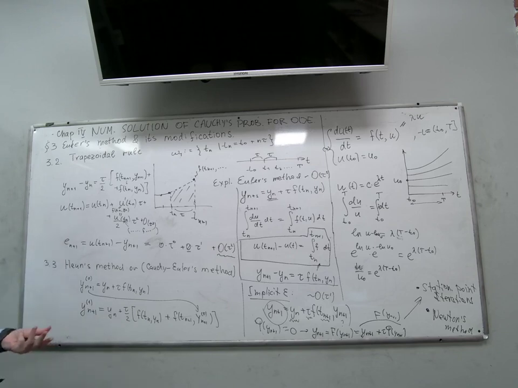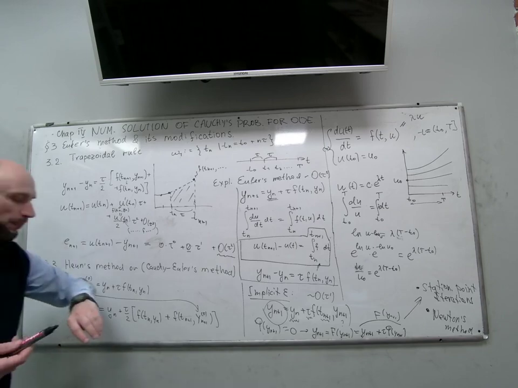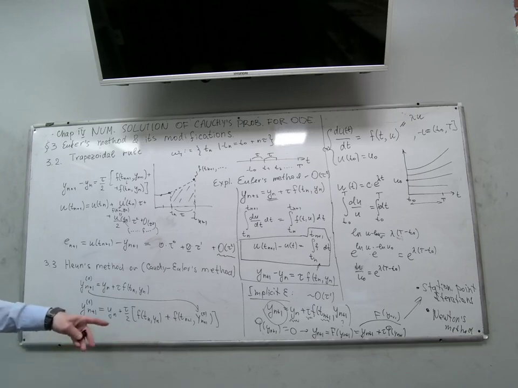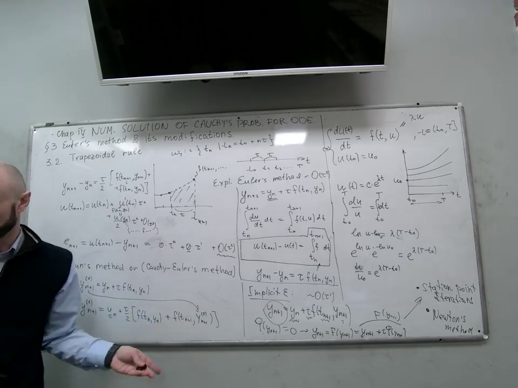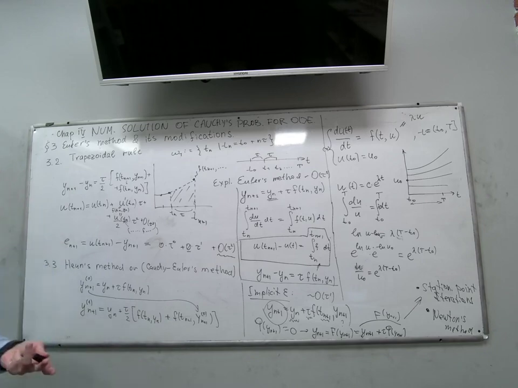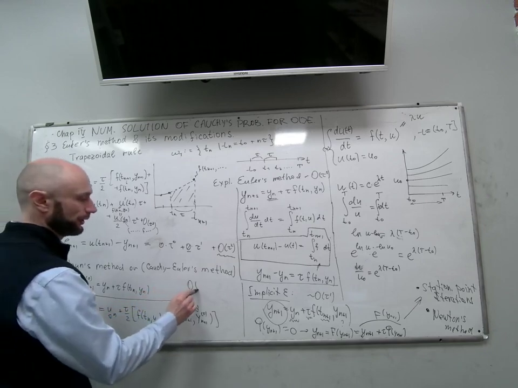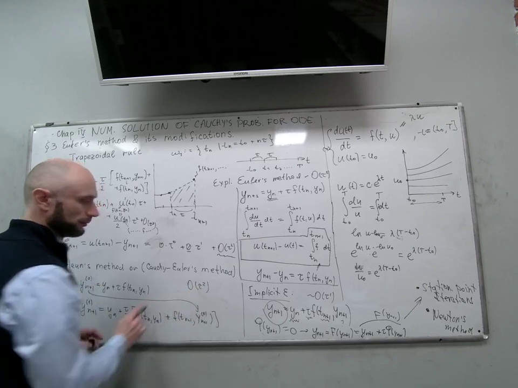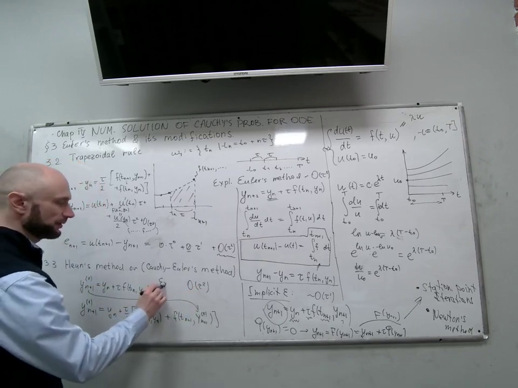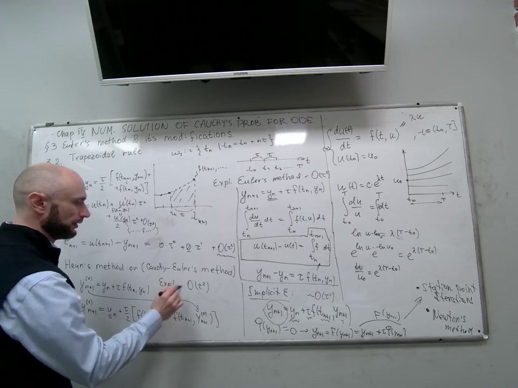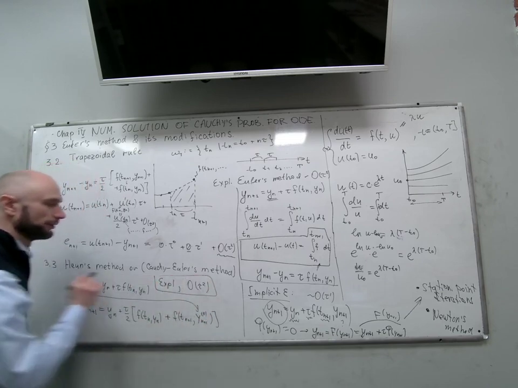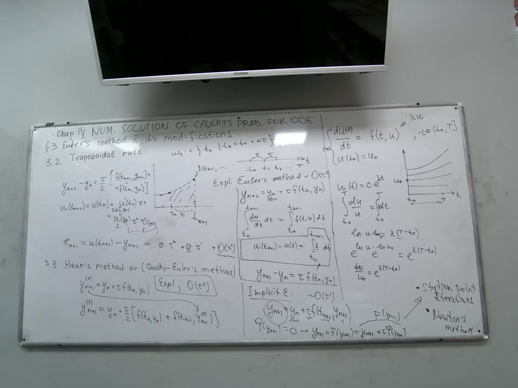Okay. And as a positive result of our actions, we get an explicit method, and this method will be of second order. Explicit and second order. It's a win. We won.